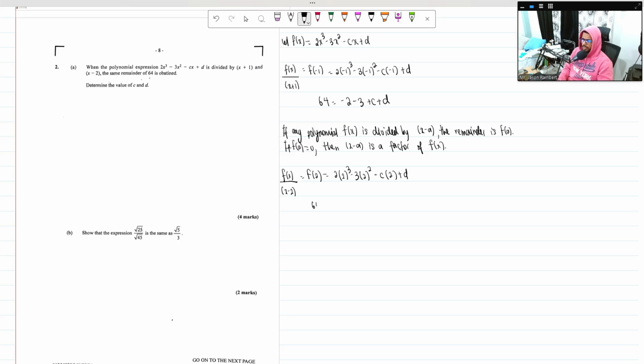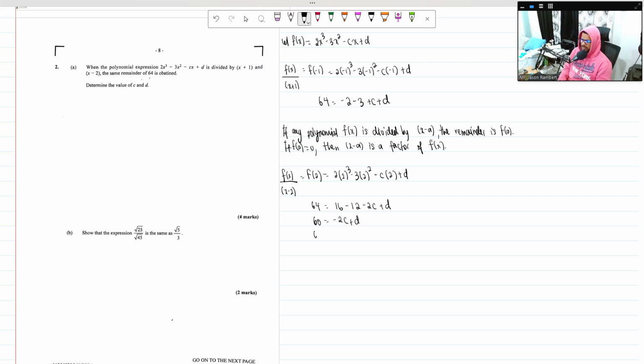Same remainder, so 64 is equal to 16 minus 12 minus 2c plus d. Let me fix this one here. I'll get 64 take away 16 plus 12. I get 60 on this side, equal to minus 2c plus d.